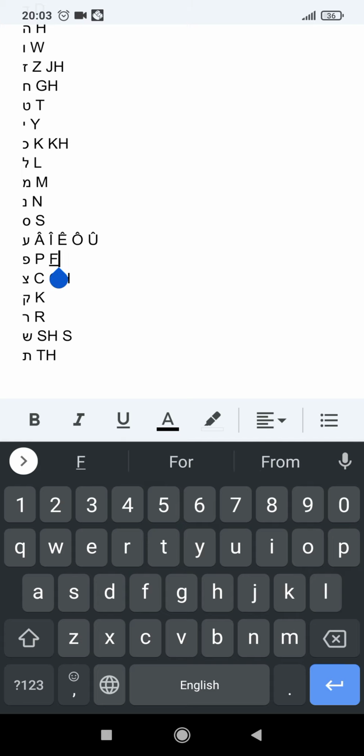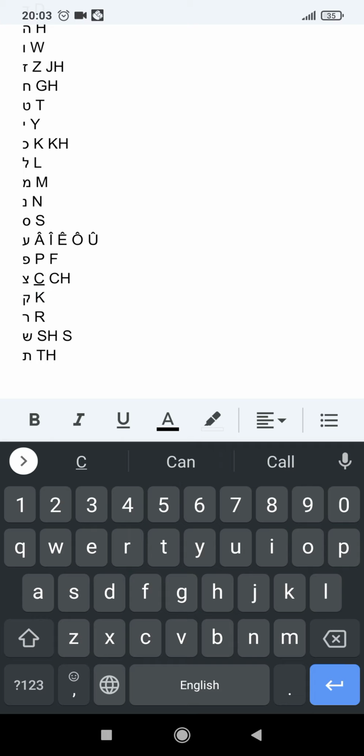P, F. The Pey can make both sounds. Now, this one is a bit confusing. In certain Slavic languages that use not Cyrillic but Latin letters, this letter is pronounced as a ts, not a c.